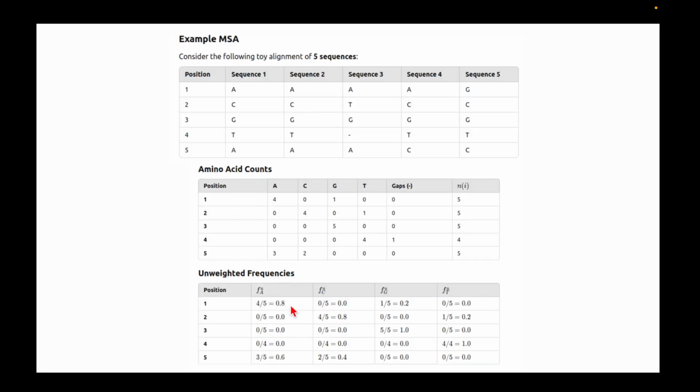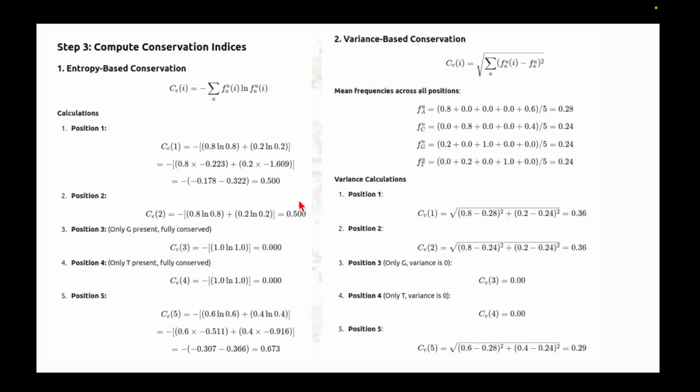In position 1, alanine is 0.8, glycine is 0.2. So the frequency of alanine at position 1 times the ln of the frequency of alanine, plus the frequency of glycine at position 1 times the ln of the frequency of glycine. The remaining values are excluded because they are zeros.